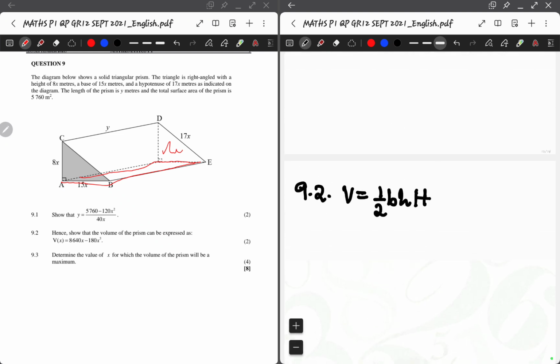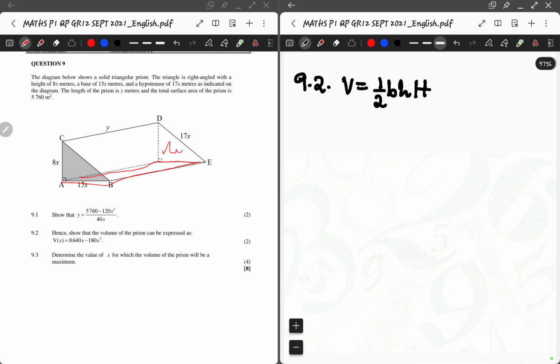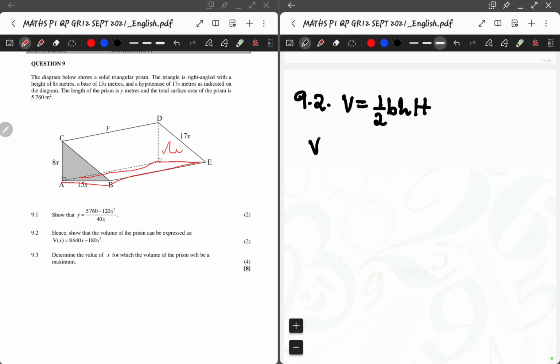Okay. Now from there, let's substitute. We'll say V equals half base, which is 15x, times height, which is 8x, multiplied by y.